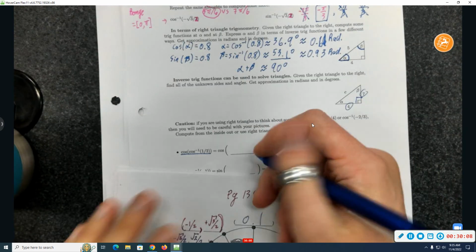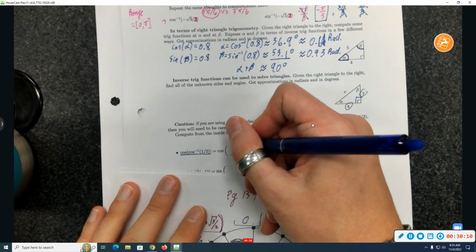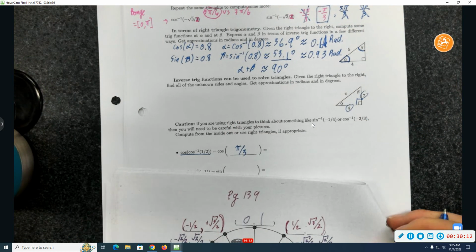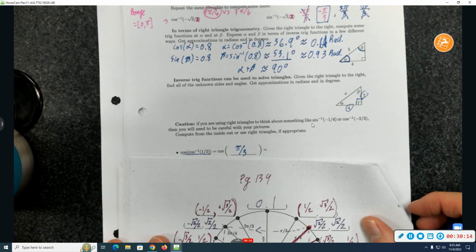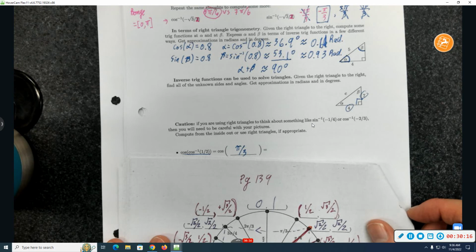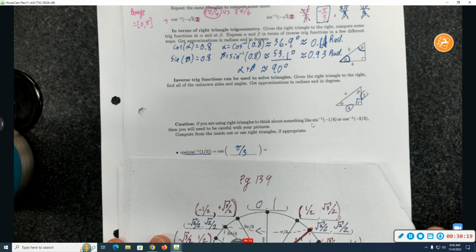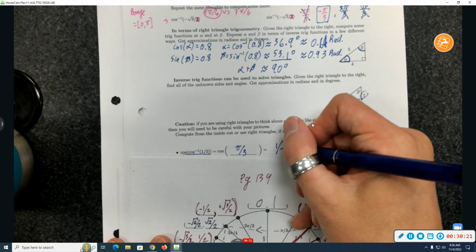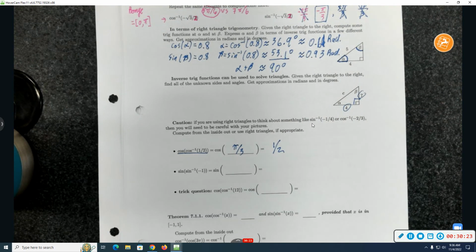Pi over 3. So cosine of inverse cosine of 1/2 is cosine of pi over 3. Oh, but now also look at your unit circle. What's the cosine of pi over 3? 1/2. Oh, neat.